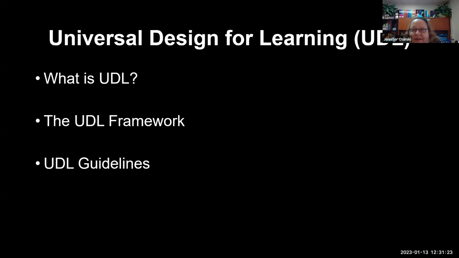Okay, everybody. UDL, also the long name is Universal Design for Learning. This is essentially setting up your curriculum and your activities to be accessible to multiple types of learning. So the main ones that we know of are kinesthetic, visual, auditory, and tactile.